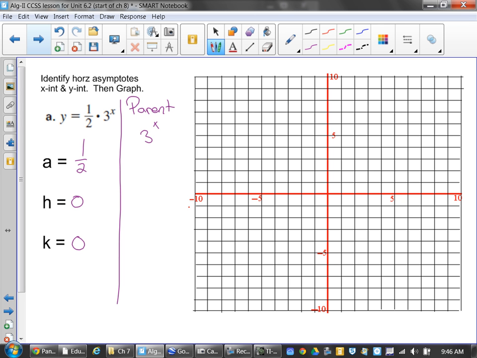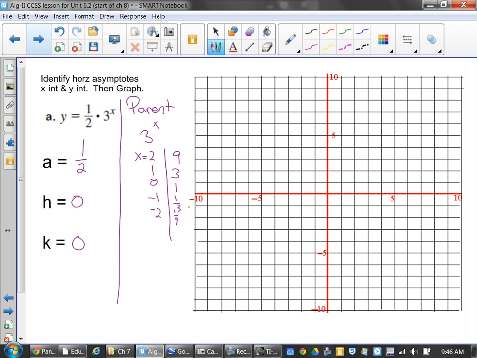Now, we're going to use really easy numbers. Again, 1, 2, -1, -2, things like that. Make your lives easier to work with. So if I use 3 squared, what do you get? So if I have x equals 2, 1, 0, -1, -2, that's going to give me 9, 3, 1, 1/3, 1/9.